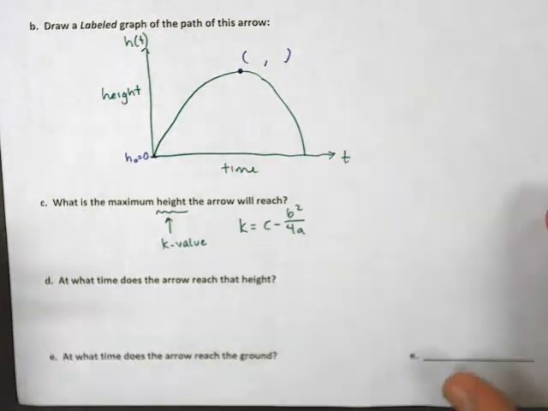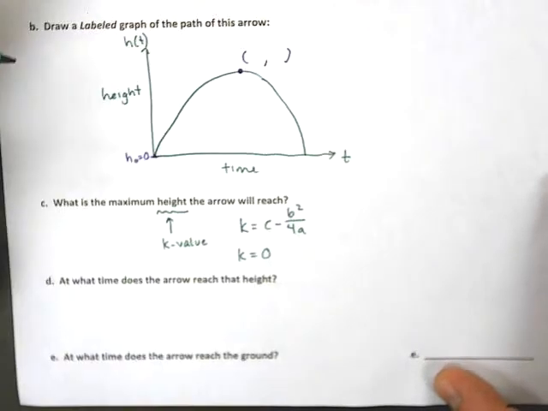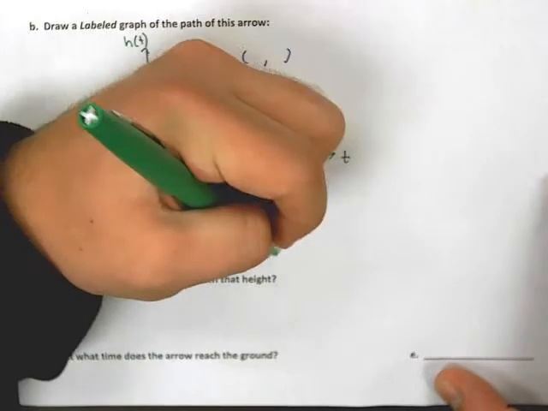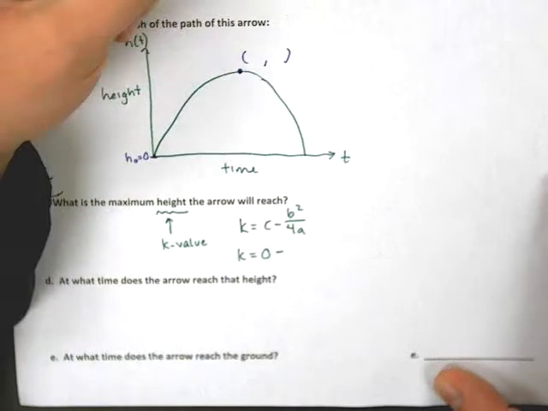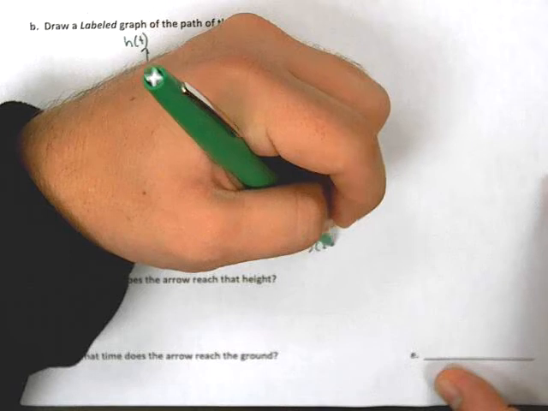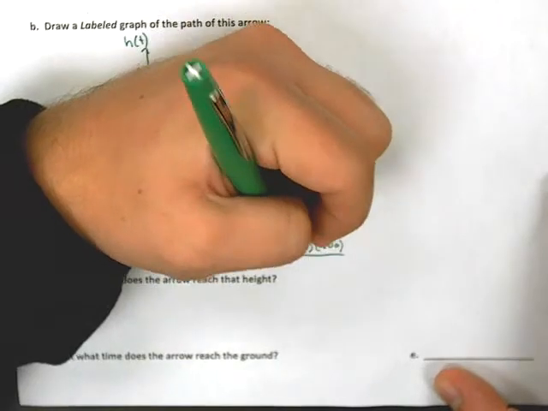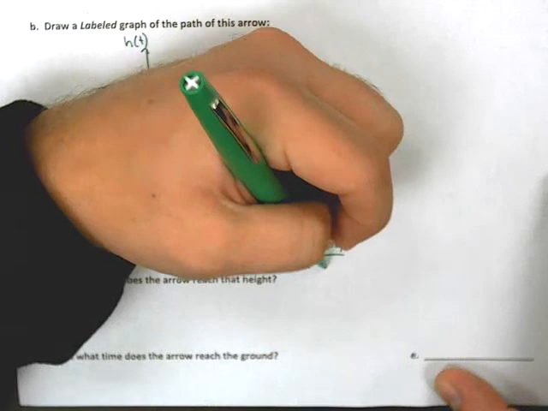Let's do a little bit of work here. Plug some stuff in. 0 is my c value. I have 200 being squared. And what else do I have? I have 4 times negative 16.